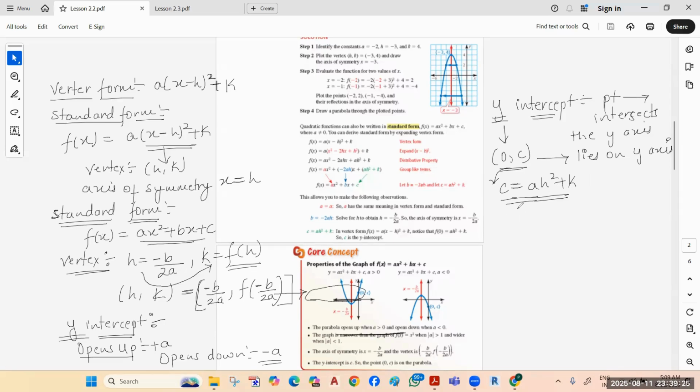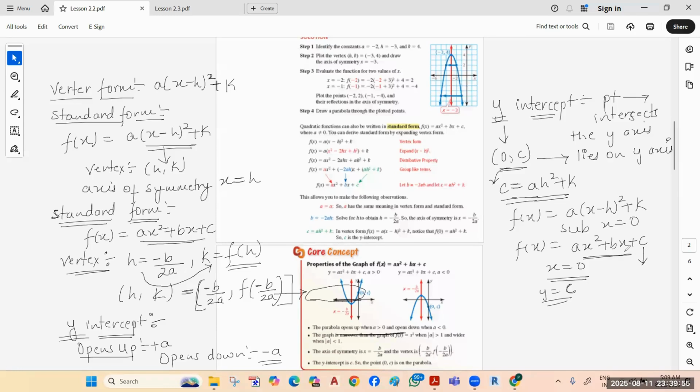So whatever form you have, f of x is equal to a times (x minus h) squared plus k, you can substitute x equal to 0. Or even if you have the standard form, ax squared plus bx plus c, here we have to substitute x equal to 0. You'll get the value of c. f of x, that is y, is equal to c. This constant will give you the y coordinate of the y-intercept.